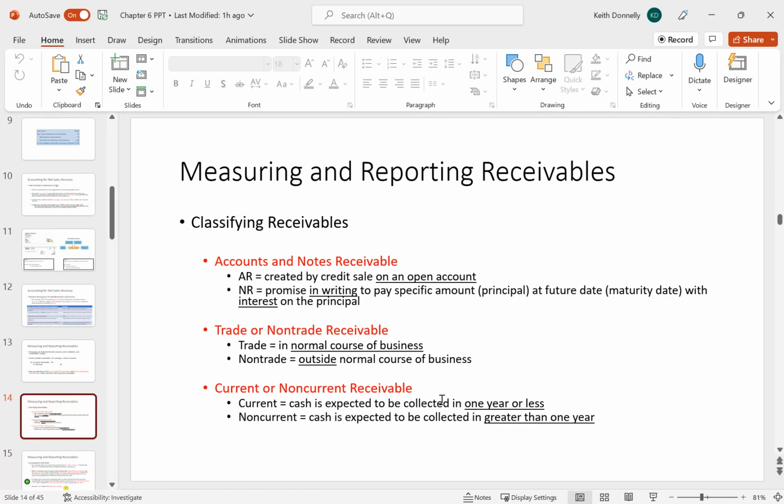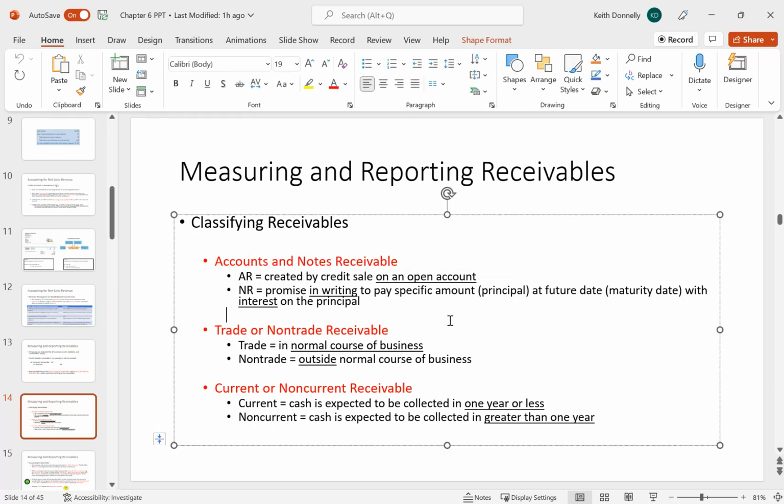In any event, an account receivable is when there's a sale on an open account. In distinction, a note receivable is when there's a formal writing and a contract, and it also includes interest on the principal. By way of example, if there was a $1,000 account receivable, you would pay back the person $1,000.